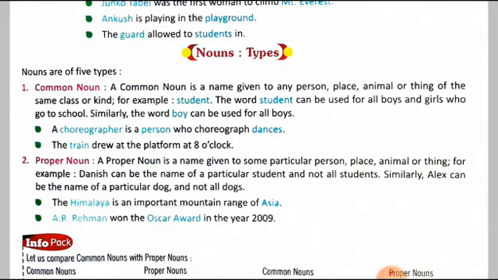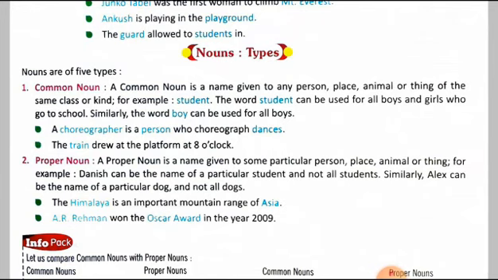A choreographer is a person who choreographs dances. The word choreographer represents all the teachers who choreograph dances. Person relates to any person in this world, whether male or female. Dance is a kind of art form.